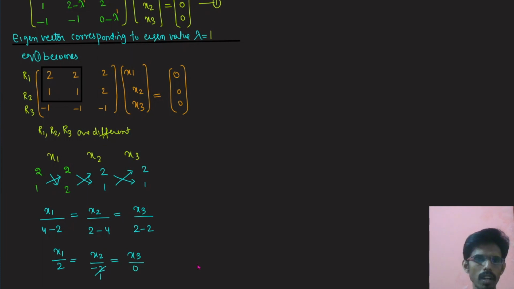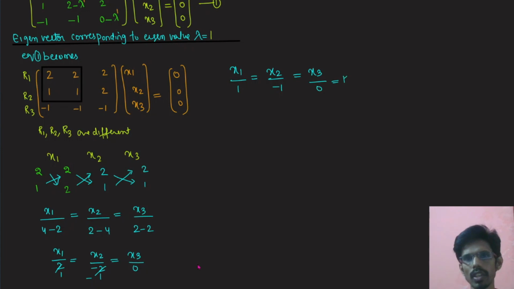Now dividing by 2, I'll get x1 by 1 equal to x2 by minus 1 equal to x3 by 0. Let us take this as some constant k. So x1 is k, x2 is minus k, x3 is 0.